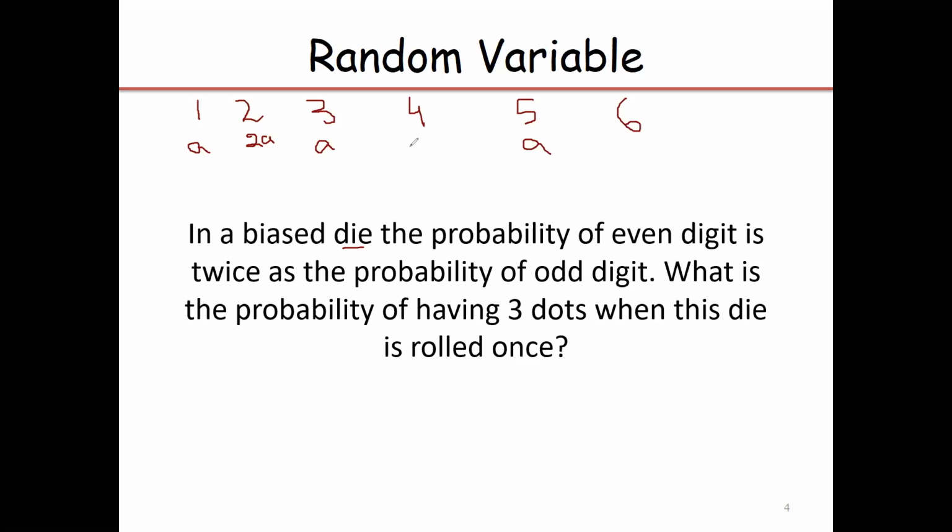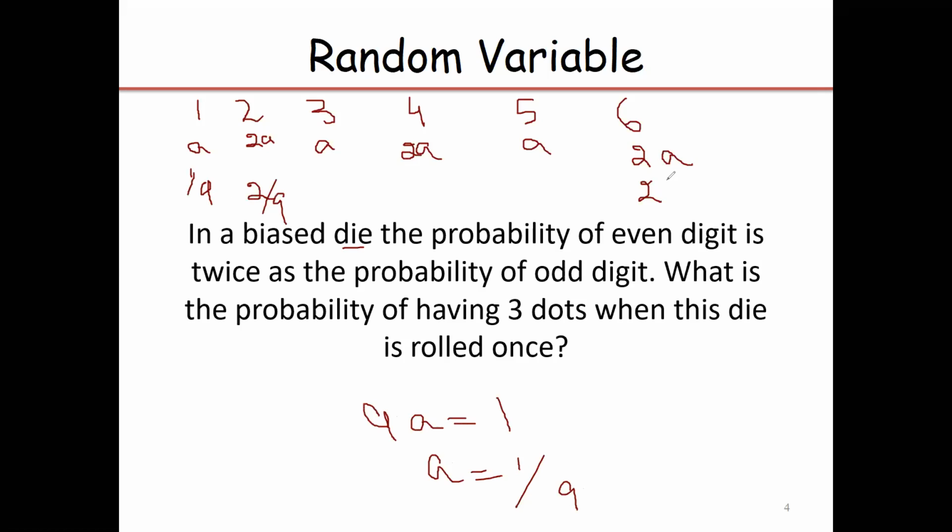So we have 2a here, 2a here, and 2a here. As the sum of all probabilities is equal to 1, the total of all of these probabilities will be 9a. So 9a is equal to 1, and we have a equal to 1 upon 9. The probability distribution can be completed by writing 1 upon 9 here and 2 upon 9 here, and so on. The total will be 9 upon 9, which is 1. So this is the complete probability distribution in this scenario.